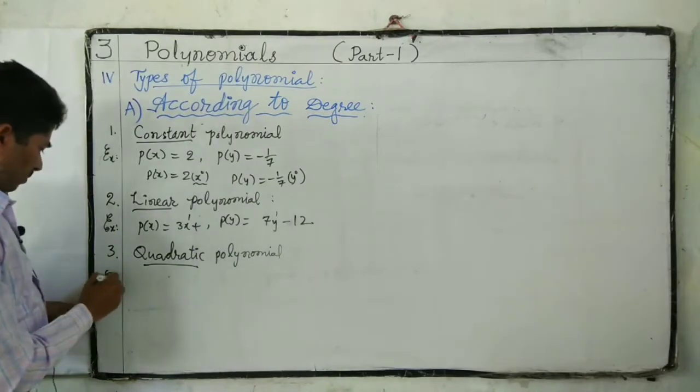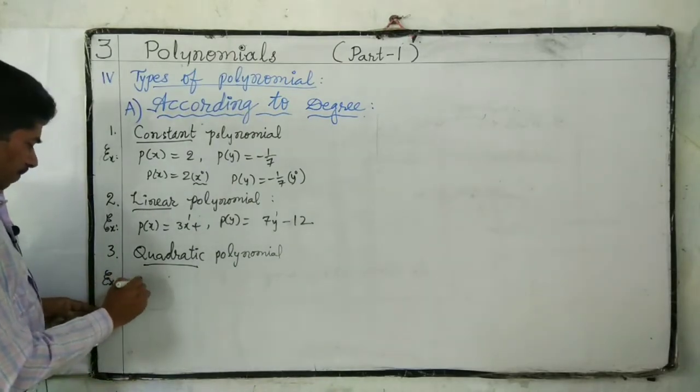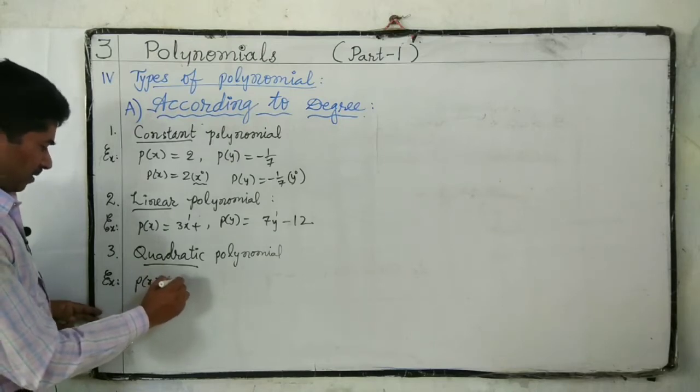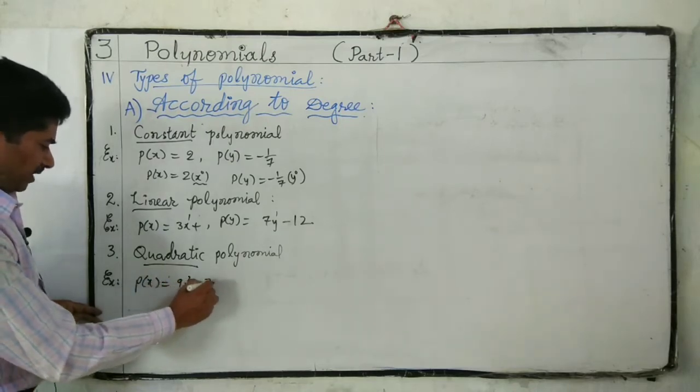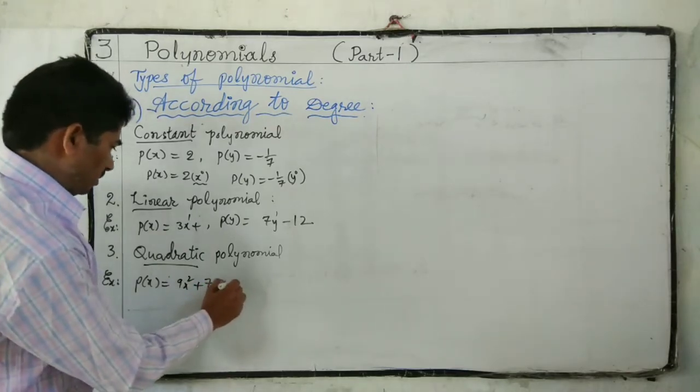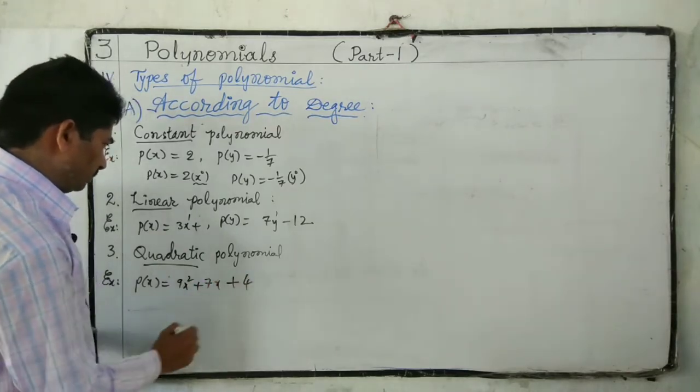For example, p of x is equal to 9x square plus 7x plus 4.